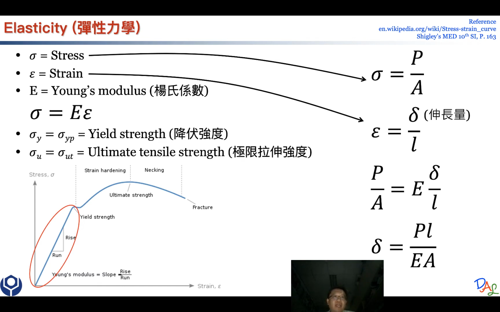Okay. Now, usually for mechanical design, we are dealing with elastic materials, which means when we look at the stress-strain diagram of the material, we are talking about the linear region at the beginning. When the stress is not greater than the yielding strength, the stress and the strain have a linear relationship where the slope is your Young's modulus. We're mainly focusing on the linear region. Why is that?